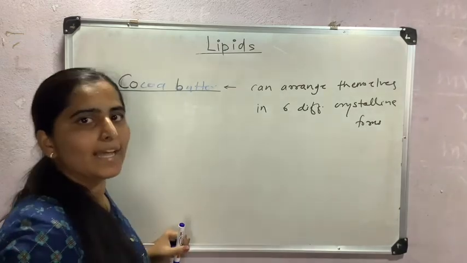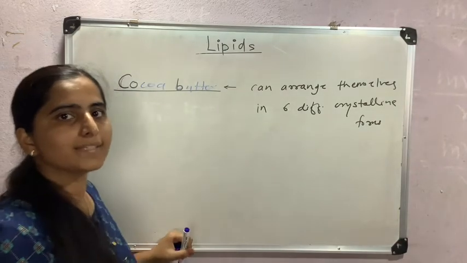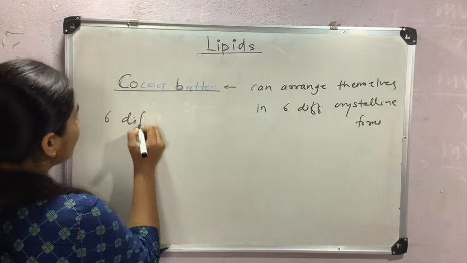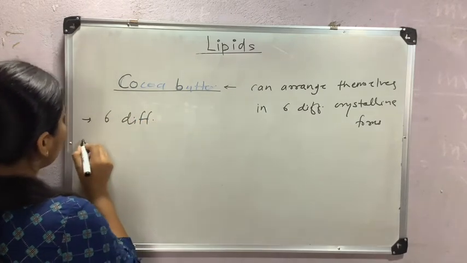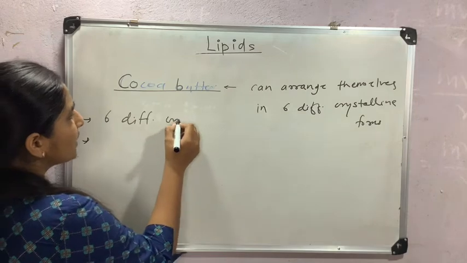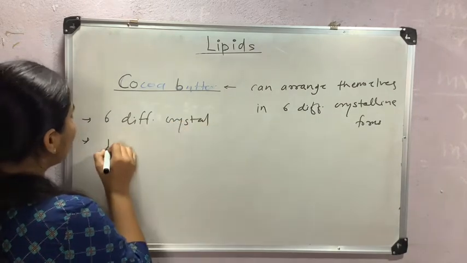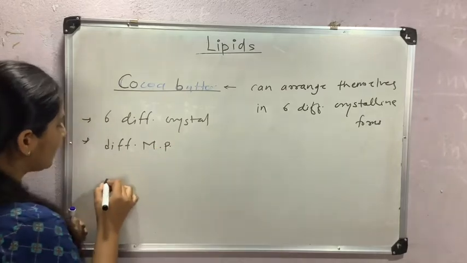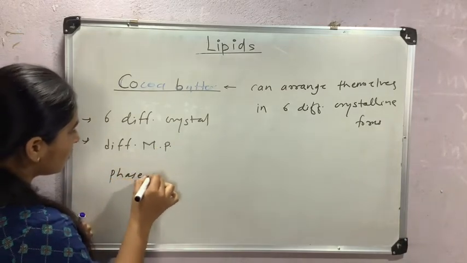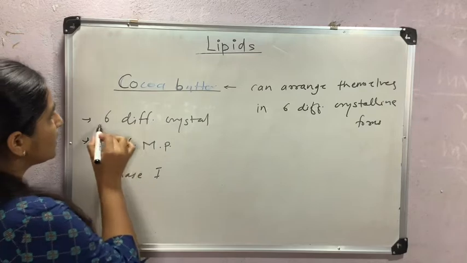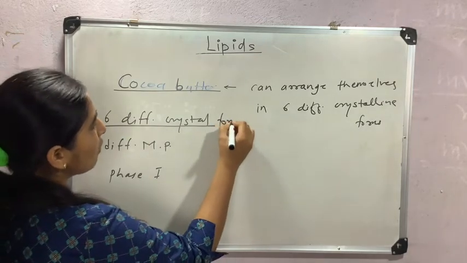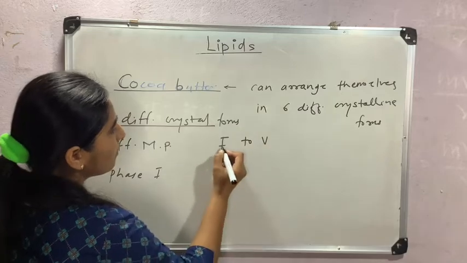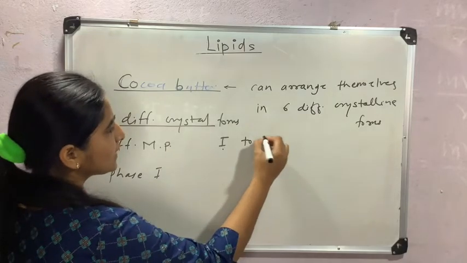Or we can say that cocoa butter exists in 6 different physical forms, and these 6 different crystal forms have different melting points. They run from phase 1 to phase 6.